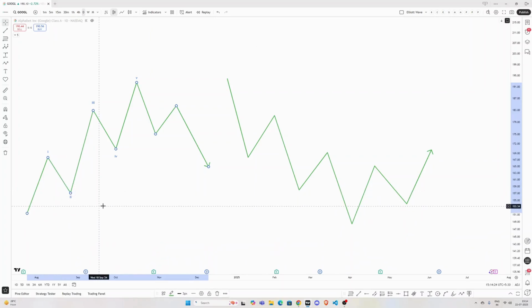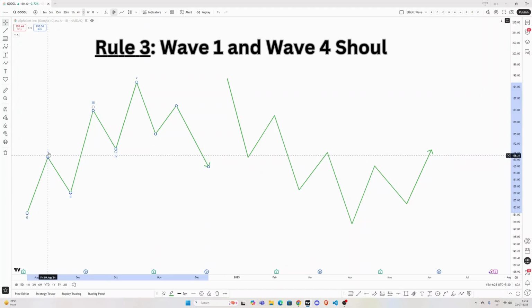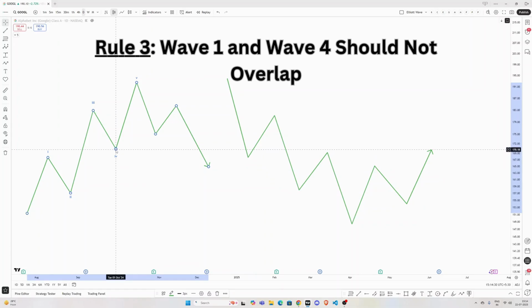And rule number 3 is that the areas in which wave 1 and wave 4 occur should not overlap. So basically wave 1 and wave 4 should not overlap. Let's say 4 occurred here, and you can see now there's an overlap, so then this is not really a valid Elliott wave structure.